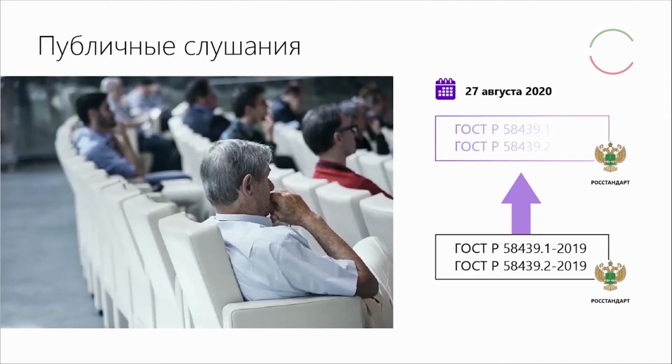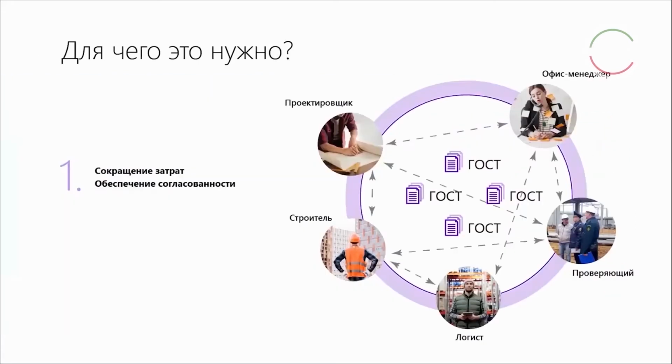In August, they discussed two major standards on information and digital modeling in construction, the scripts of which were re-approved and aligned with the federal regulatory framework in terms of the terms used. It is needed in order to have the right application of building information modeling in construction.